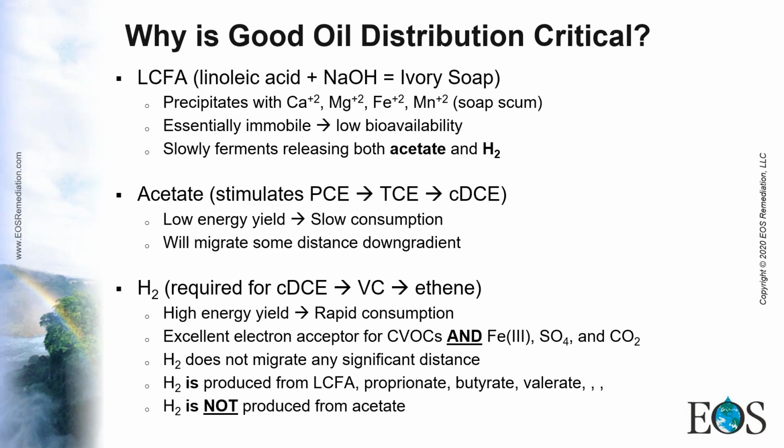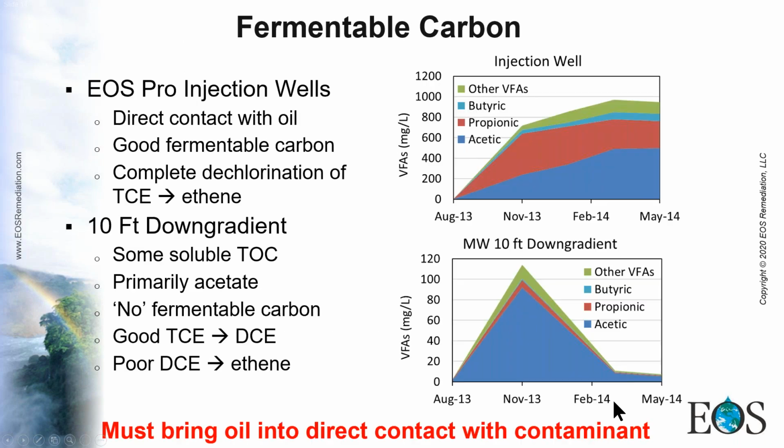So the only place you're going to get PCE, DCE, and vinyl chloride degradation is where you have some of these compounds. Having just acetate won't do it. You need propionate, you need butyrate, valerate, things with more than 2 carbons.